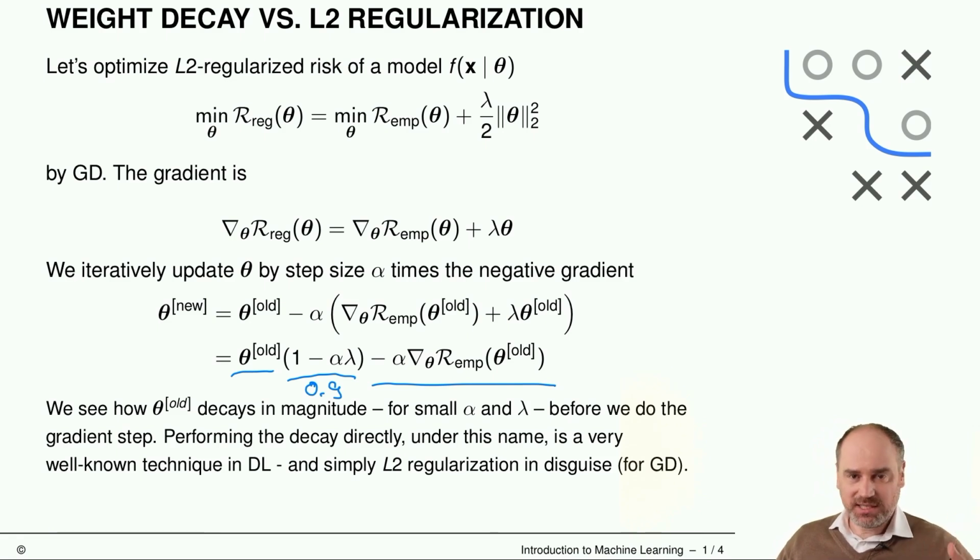We multiply weights by some value between 0 and 1, and then do a normal gradient descent step. Okay? And if you ever look into some neural network or deep learning software, this is often how it is called. Sometimes it might be called ridge regularization, L2 regularization, but very often it's called weight decay. And then very often you are asked to set this combined parameter here.